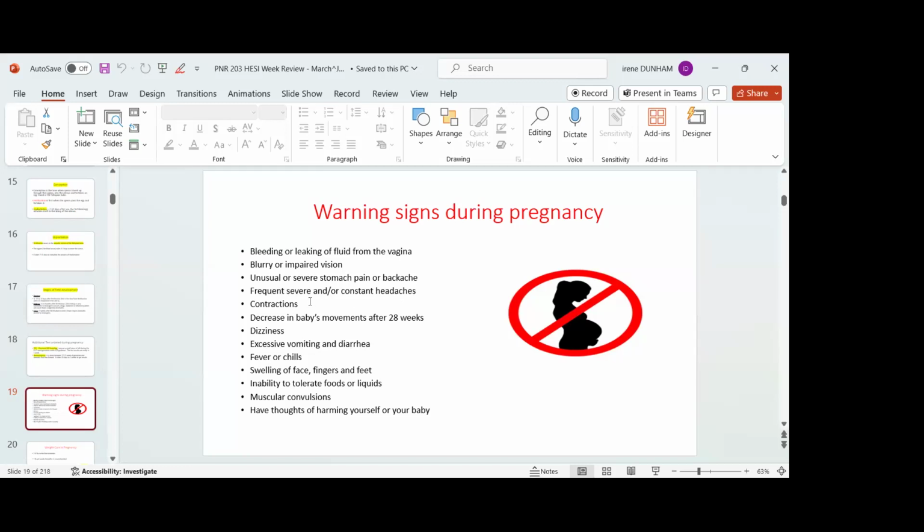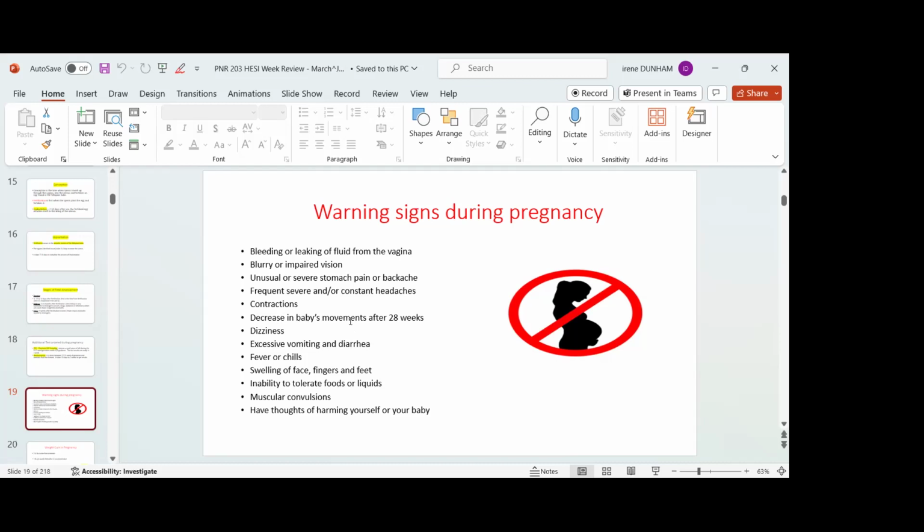Contractions: we don't want the uterus to contract during pregnancy. When we want it to contract is at the end of pregnancy, when she becomes term. Contractions too early lead into preterm labor, and preterm labor equals preterm babies, and these babies have a rough time growing and surviving in the NICU.